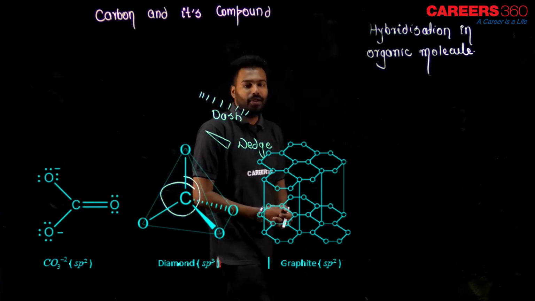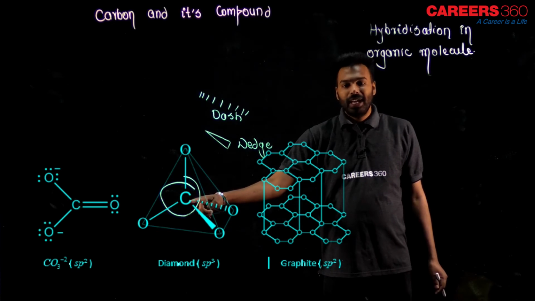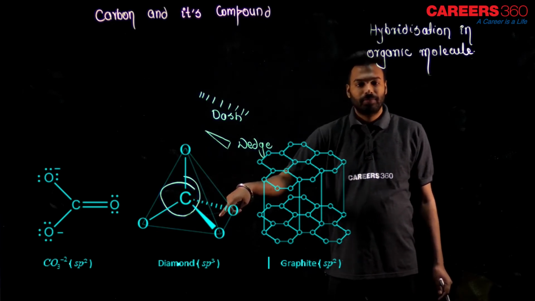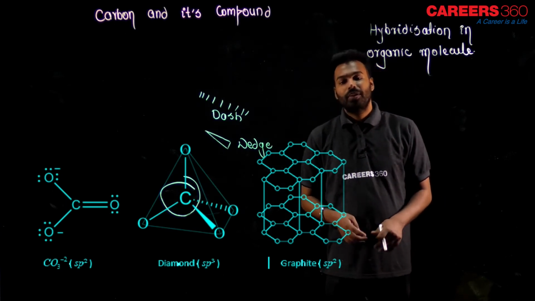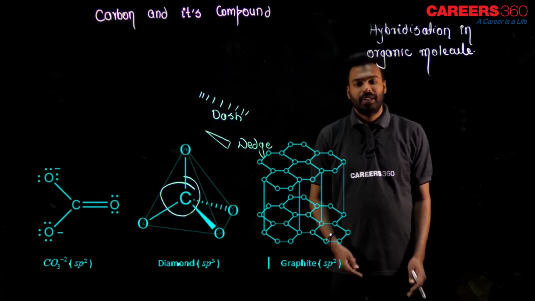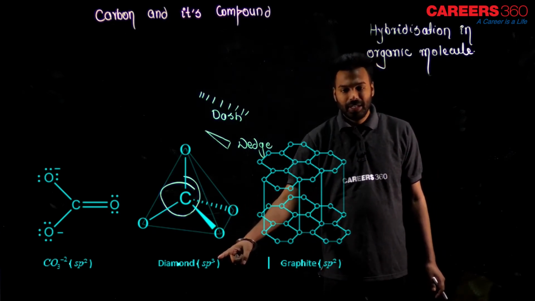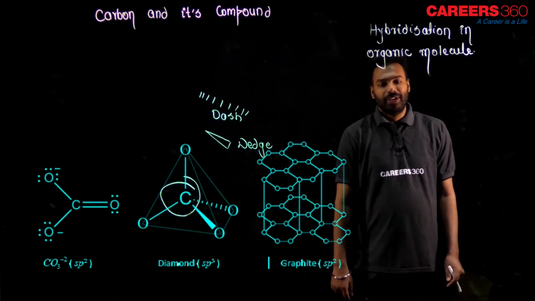Let's see now what happens. In this diamond, here is a carbon connected with 4 single bonds, 1, 2, 3 and 4. If any carbon is connected with single bonds only, what is the hybridization? sp3. That's why in diamond the carbon atom is sp3 hybridized, as I mentioned here. Let's talk about graphite.